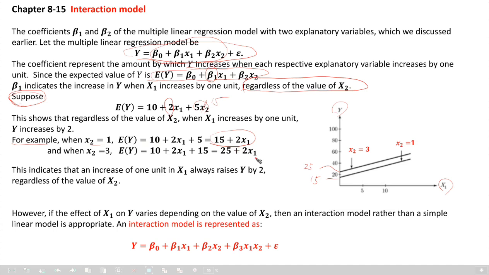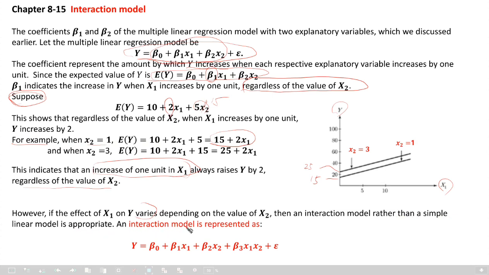Regardless of the value of x2, a 1 unit increase in x1 always raises y by 2, right? However, if the effect of x1 on y varies depending on the value of x2, then an interaction model rather than a simple linear regression model is appropriate.